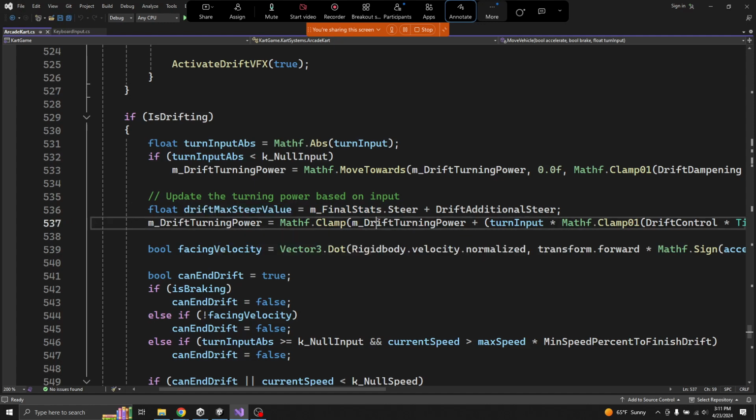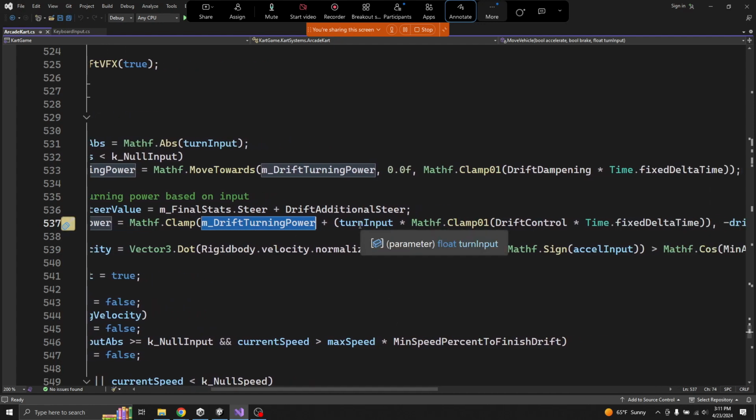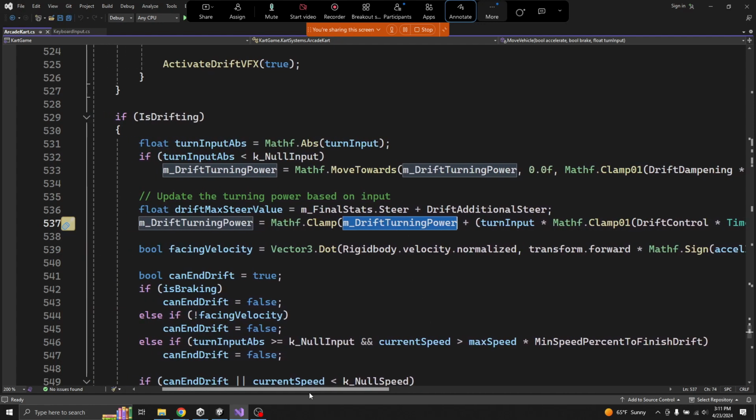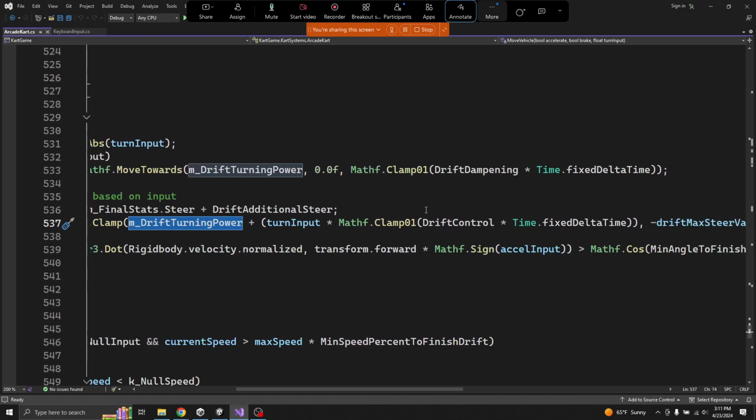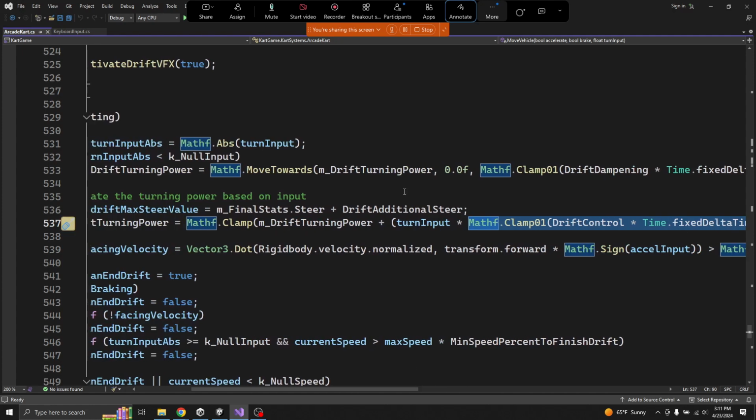And then our drift turning power. Whatever our drift turning power is, we're going to add whatever this turn input is, how much we're currently trying to turn. We have a lot of nesting here. So take our turning input, multiply it by this: clamp our drift control between 0 and 1 times our time factor. And whatever that comes out to be, add it to our drifting turning power.